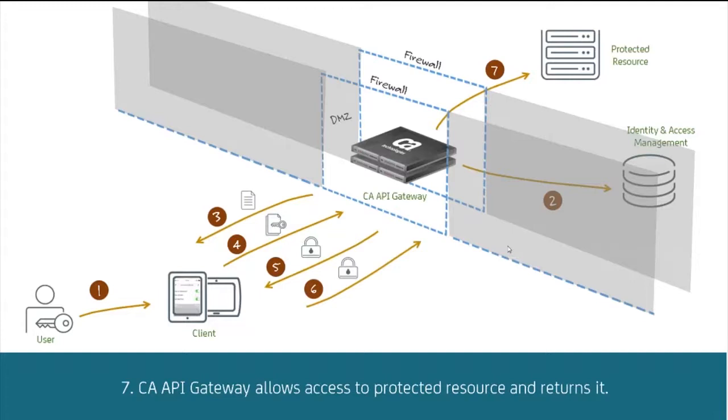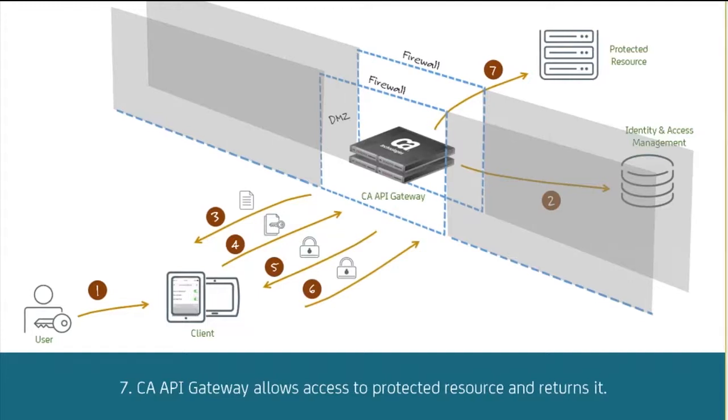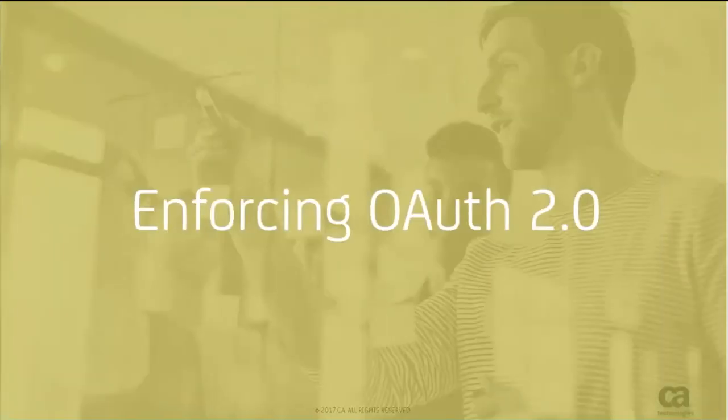Now let's have a look at how to actually enforce the OAuth implementation here. For that, I will use the API gateway interface. I'll connect to one of my tools where I will expose a service based on some backend service, and I will add some functionalities to then require the OAuth token.